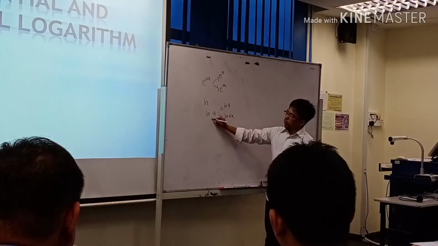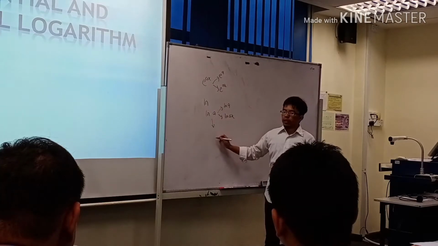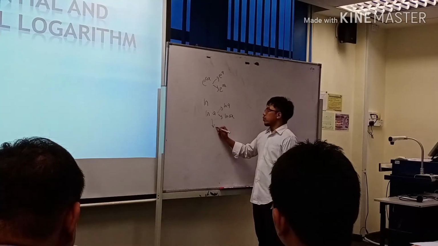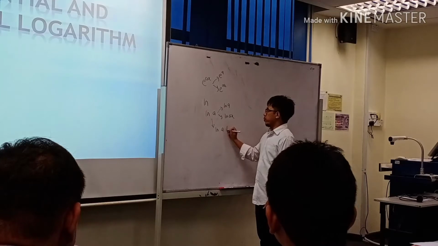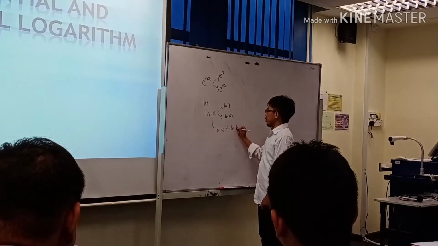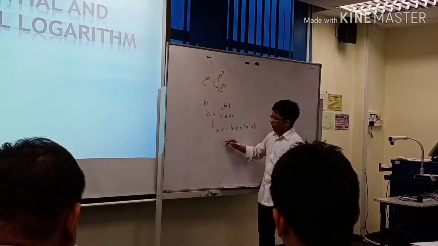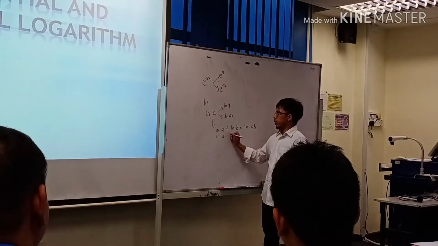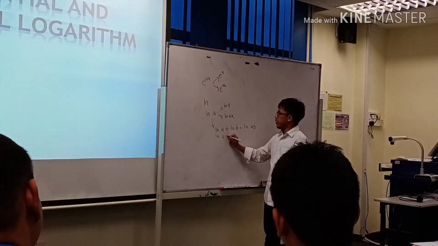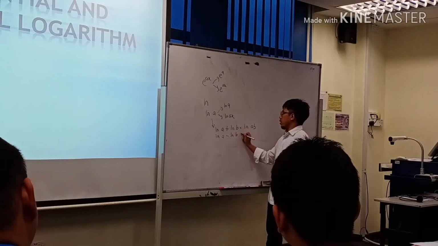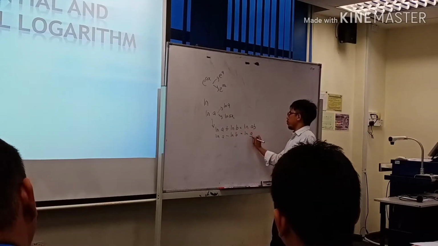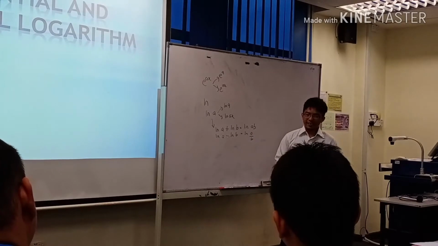And when we use ln, we have several rules: when we have ln a plus ln b, it will be ln ab. And when we have ln a minus ln b, it is ln a over b. Okay.